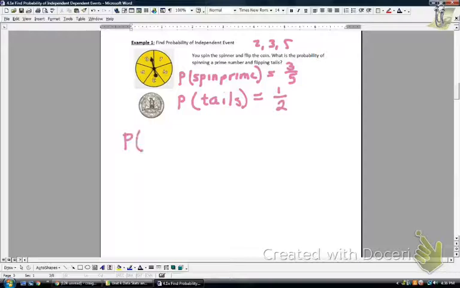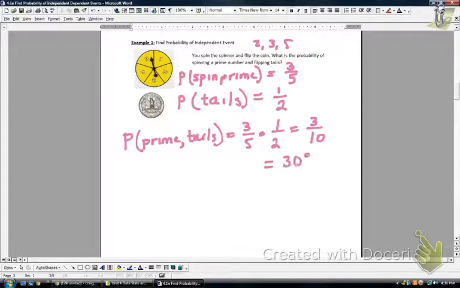So then my probability of prime and tails is the probability of the first event times the probability of the second event. 3 times 1 is 3, 5 times 2 is 10. So that's 3/10, which is the same thing as 30%. So I have a 30% chance of landing on a prime number and getting tails.